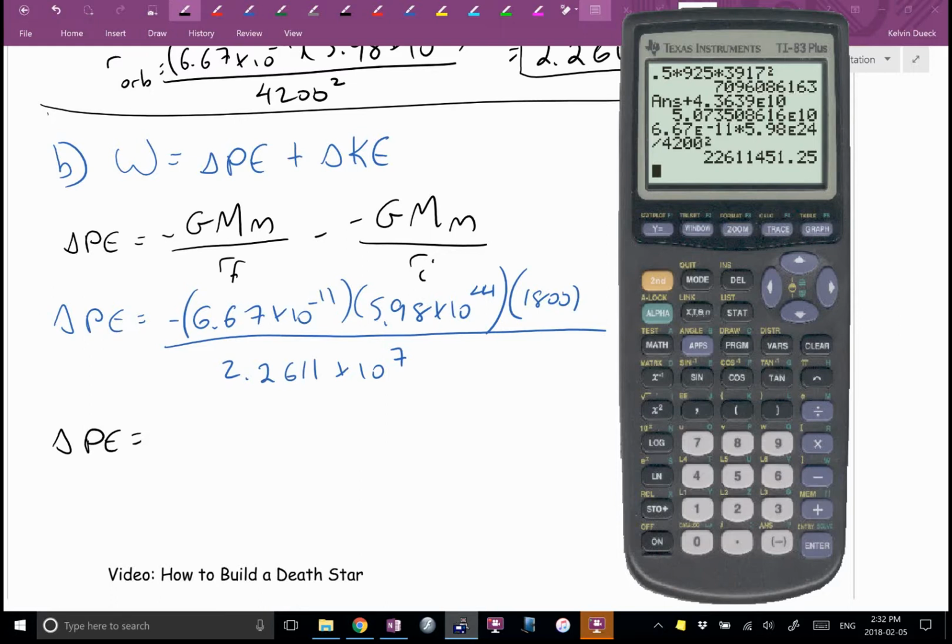Write small. By the way, this is pretty much the longest question, although here I gave you the speed, which makes it a tiny bit easier. Usually I'll give you the radius and you have to find the speed.